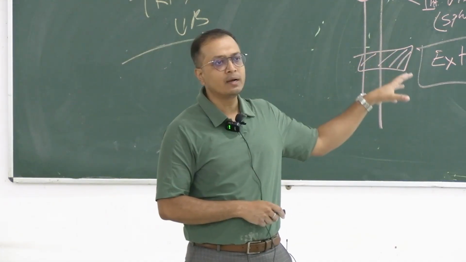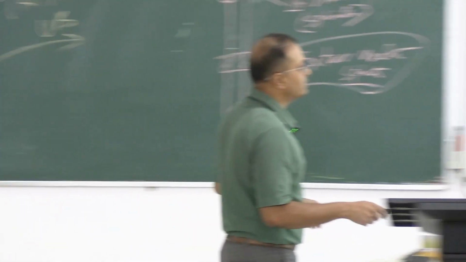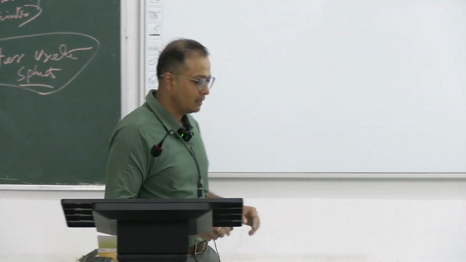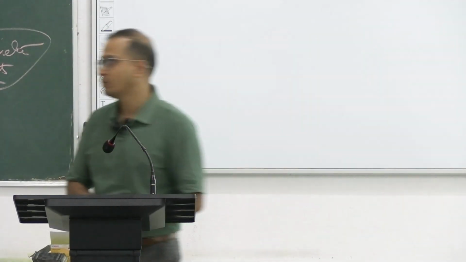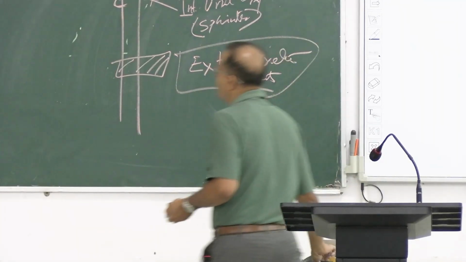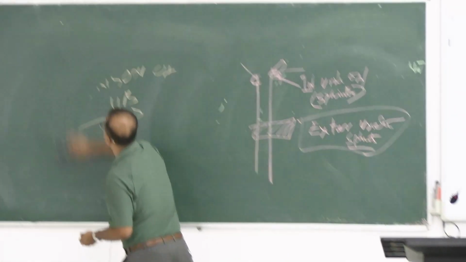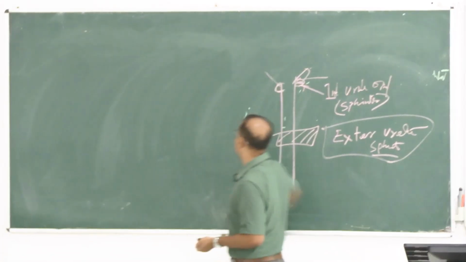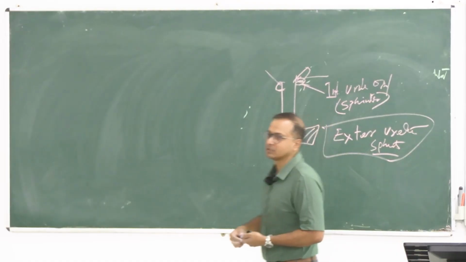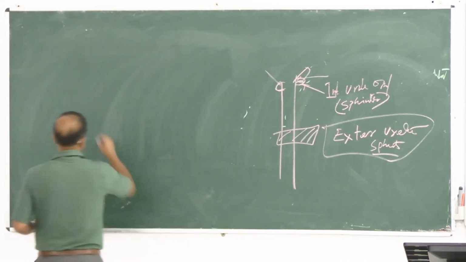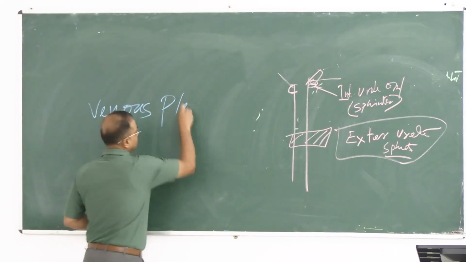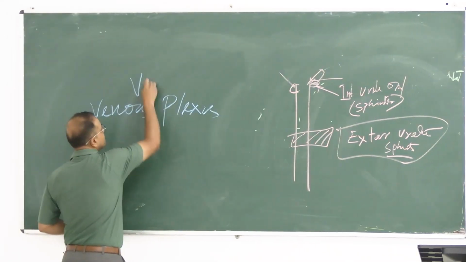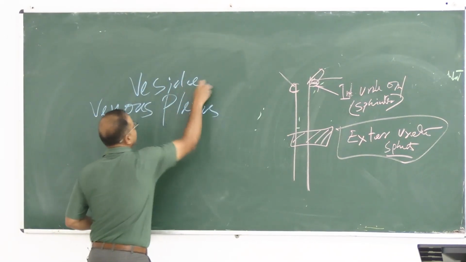Second thing is the drainage of this organ. Drainage comes through the vesical veins. Now, what happens with these vesical veins? When they drain, the veins of the bladder make a plexus. We call it the vesical venous plexus.